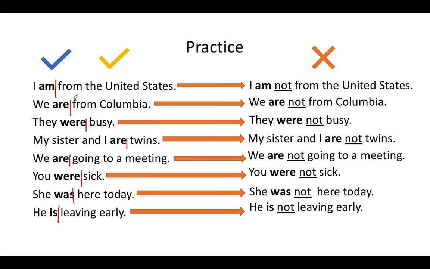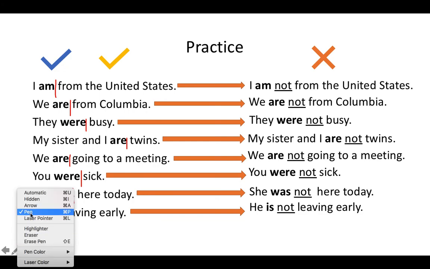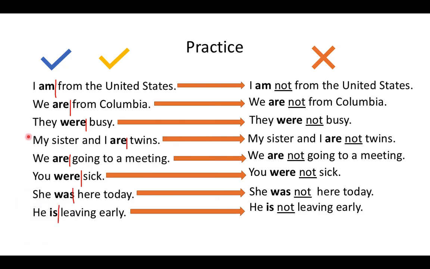So I am from the United States turns into I am not from the United States. We are from Colombia turns into we are not from Colombia. They were busy turns into they were not busy. My sister and I are twins. My sister and I are not twins.